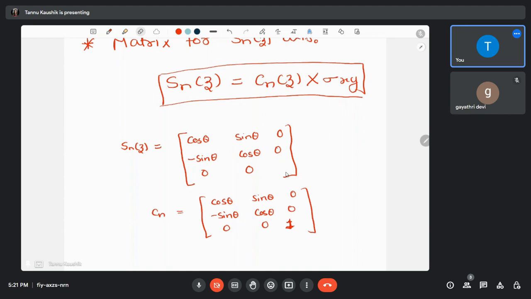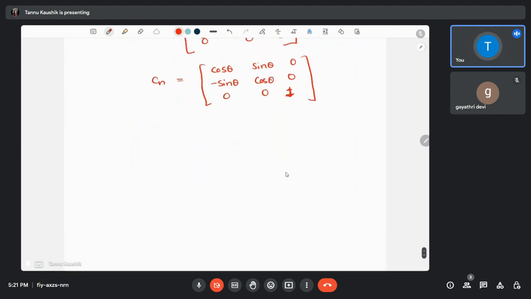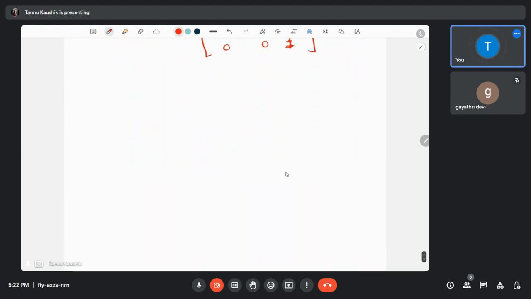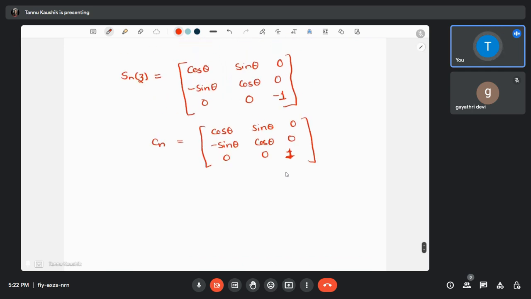Okay. And now you can directly find out this character for any kind of axis, it can be S2, S3, S4, whatever you want to solve.